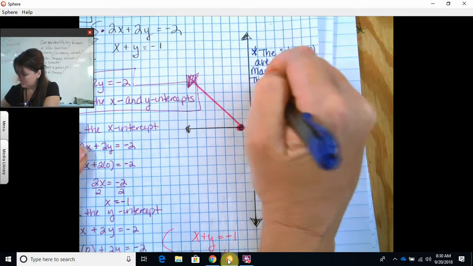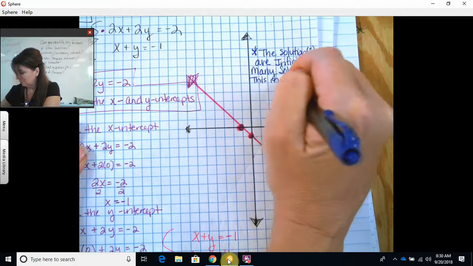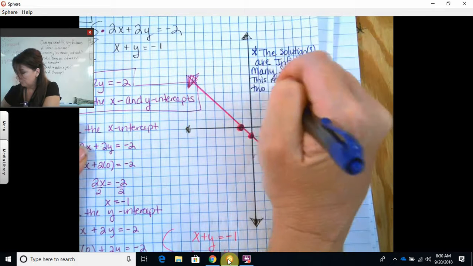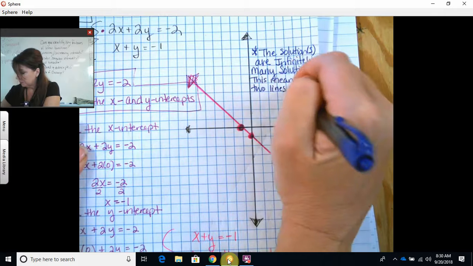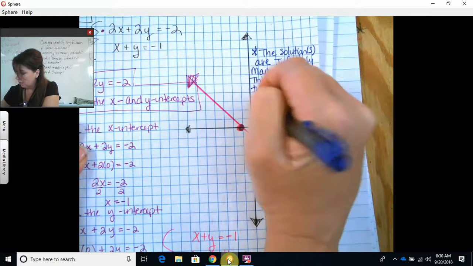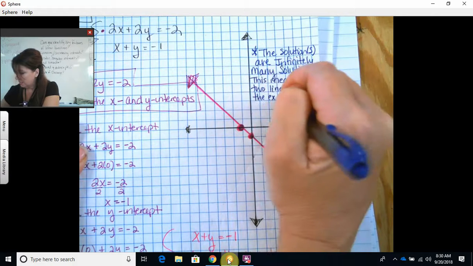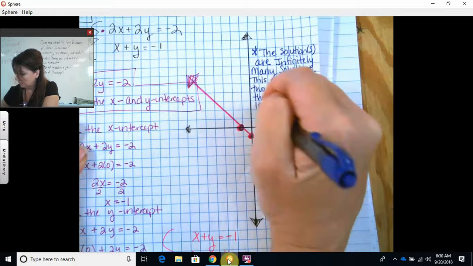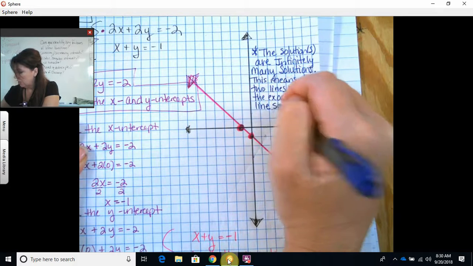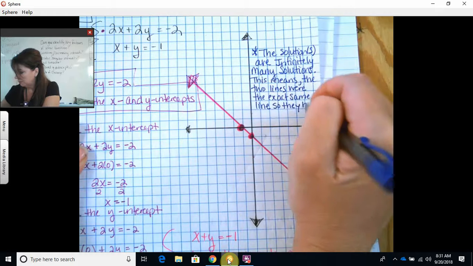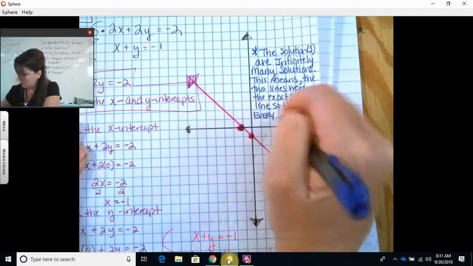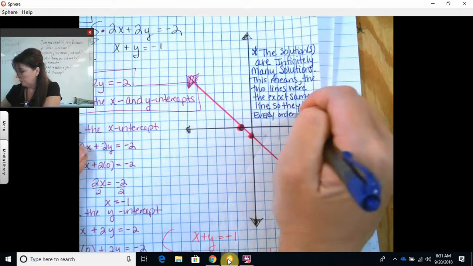This means, comma, the 2 lines were the exact same line, so they have every ordered pair in common.